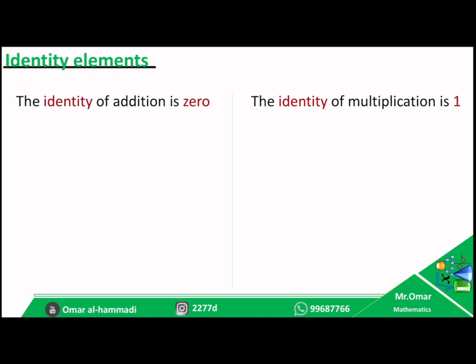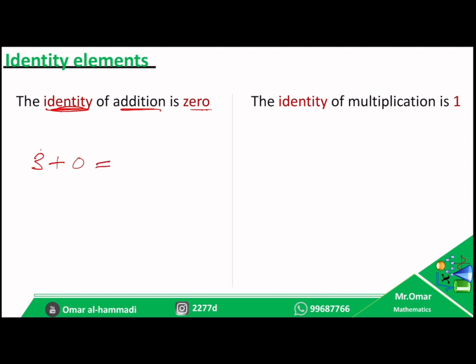Identity elements. Now we have a new subject which is called identity elements. They say the identity of addition is 0. What's the meaning of that? For example, when we have 3 plus 0, it will give us what?